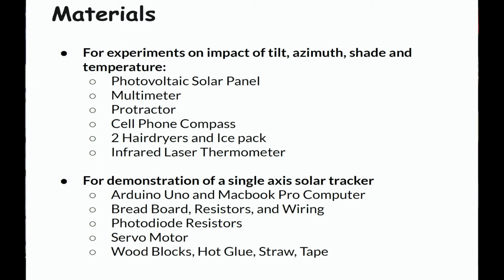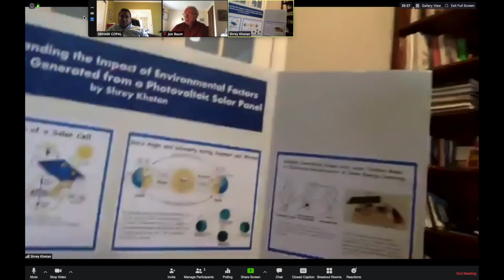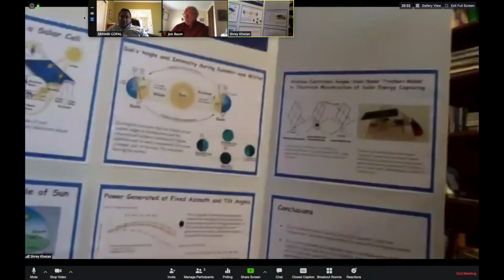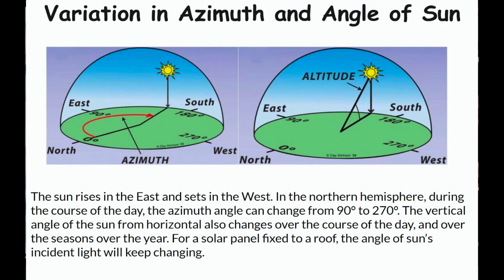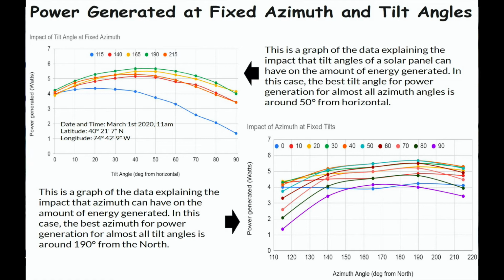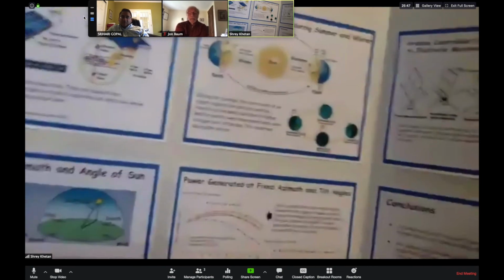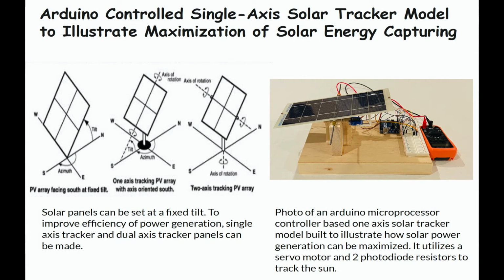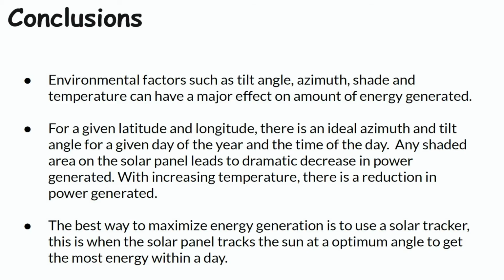Then I explained how a solar panel works, and I explained what azimuth is, and some other slides explaining my project. Then I have a couple graphs on my experiment and my testing. Then I have a slide about the solar tracker that I built using Arduino, and then my conclusions. Okay. Great. That's a nice looking board.